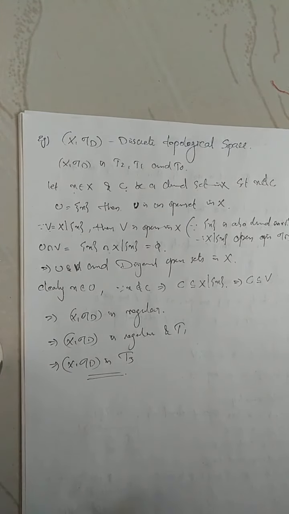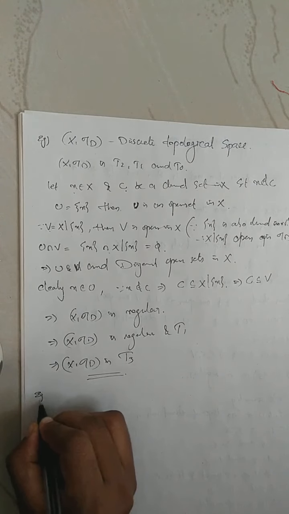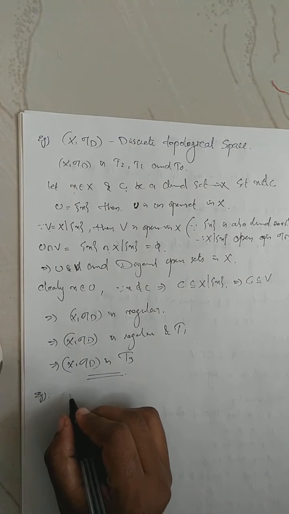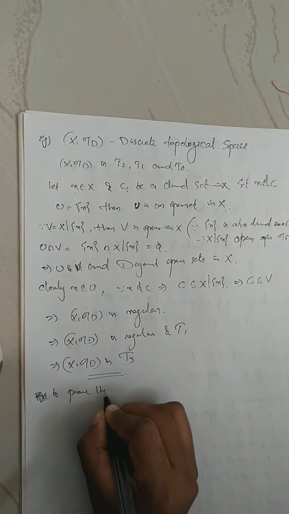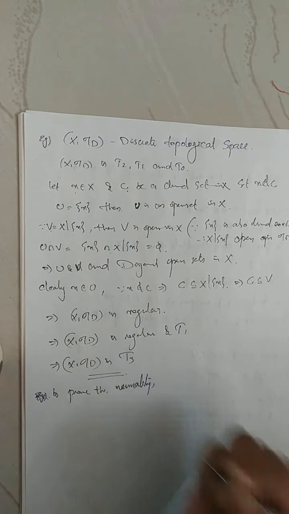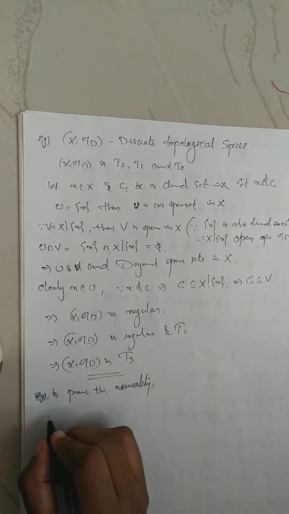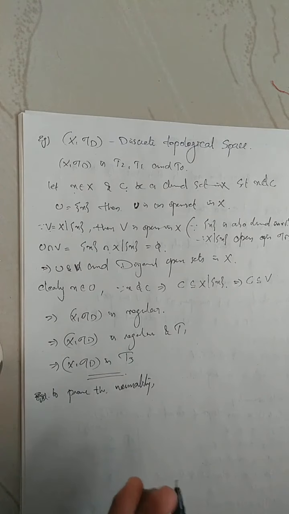Now we will prove the normality of discrete topological space. How will you prove the normality? To prove the normality, we want two disjoint closed sets and two disjoint open sets containing them, right?